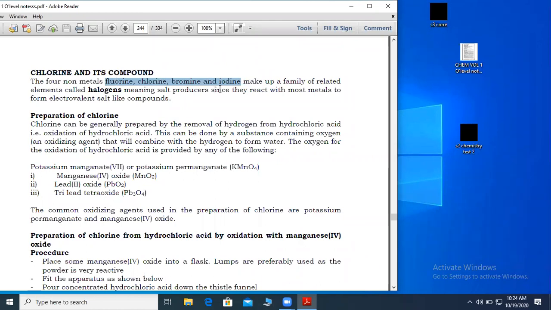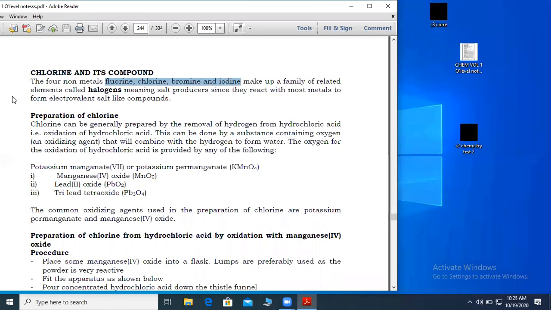The other 3, we are going to look at them in senior 5 and senior 6. And you had already promised me that you are all going to be with me in senior 5 and 6. So for chemistry, we shall look at them.